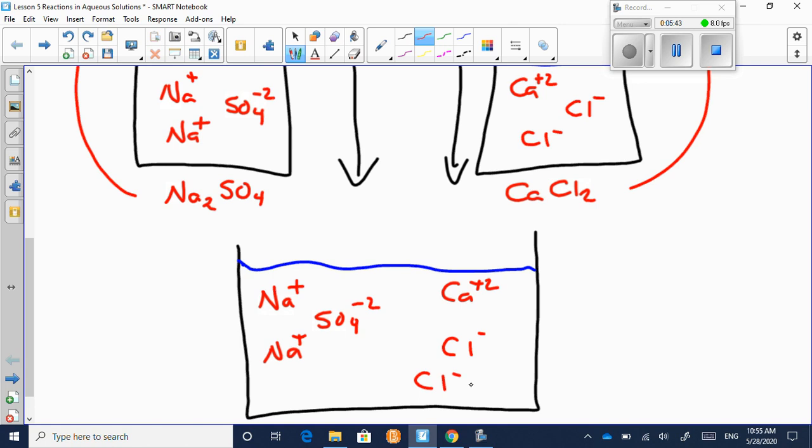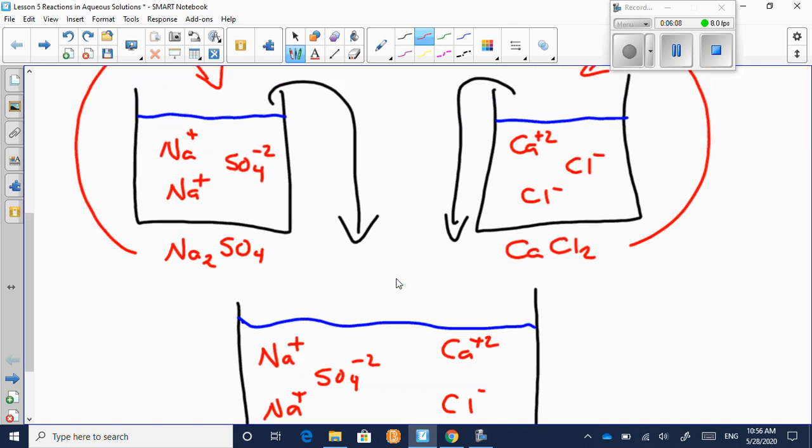But hopefully you recognize that pretty soon these are going to start mixing, and some ions are going to touch other ions. The question you've got to ask yourself is, are any combinations of these ions going to form an insoluble compound? And if they are, then a precipitate will form.